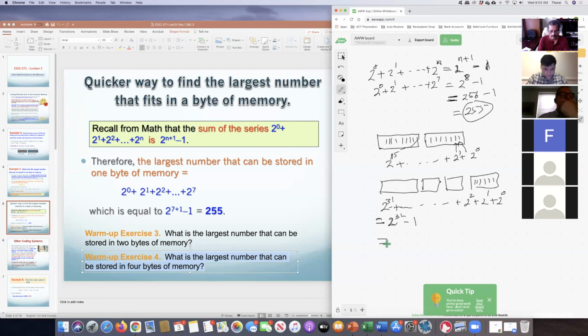On the calculator, I'm calculating 2 to the 32. So clear memory, 2 power 32.